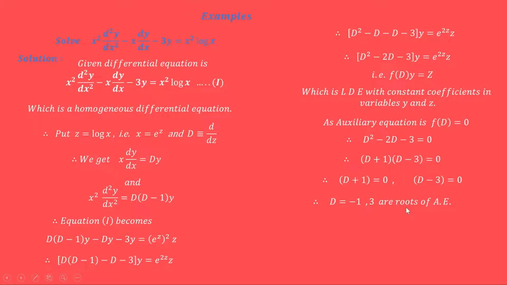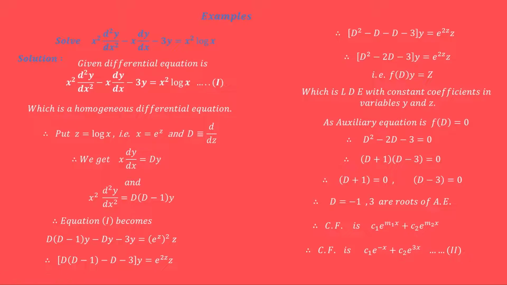So these are the roots of the auxiliary equation. And therefore, complementary function is c1 e raised to m1x plus c2 e raised to m2x. Now put the values of m1 and m2. We get CF is c1 e raised to minus 1x plus c2 e raised to 3x. Denote this as equation number 2.